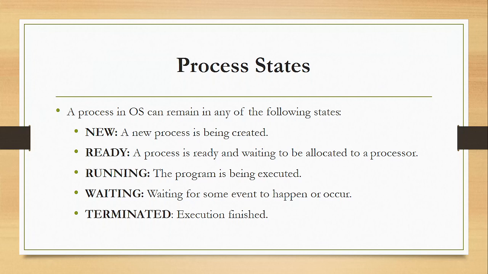That is a waiting state. And of course, the last state is the terminated state. This is after the process has finished what it was doing, and then it can be terminated. So these 5 states identify the various process stages that we can have.